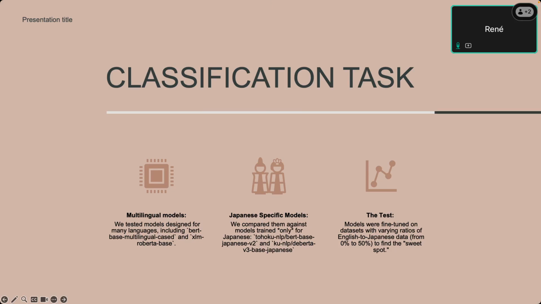And the test was a little bit different. In this case, we fine-tuned the models with varying ratios of English to Japanese data, which means that in one training, we gave it a dataset that had no Japanese data as a baseline, and then we gave it a dataset that had 10% Japanese data, and in incrementing values to find that sweet spot.